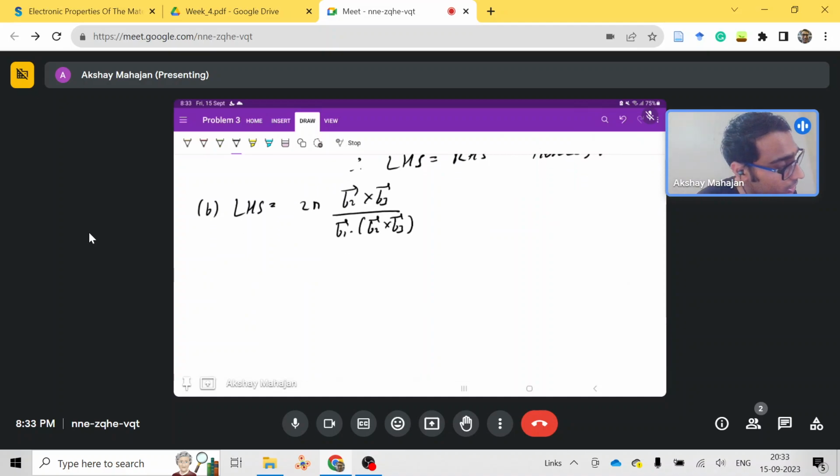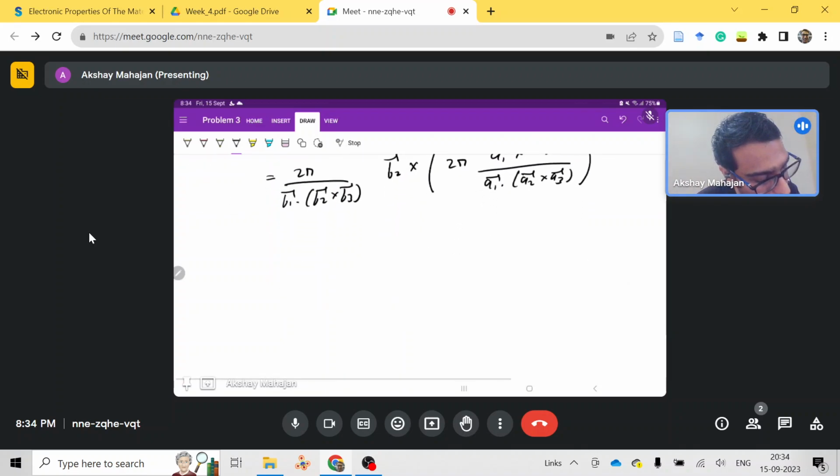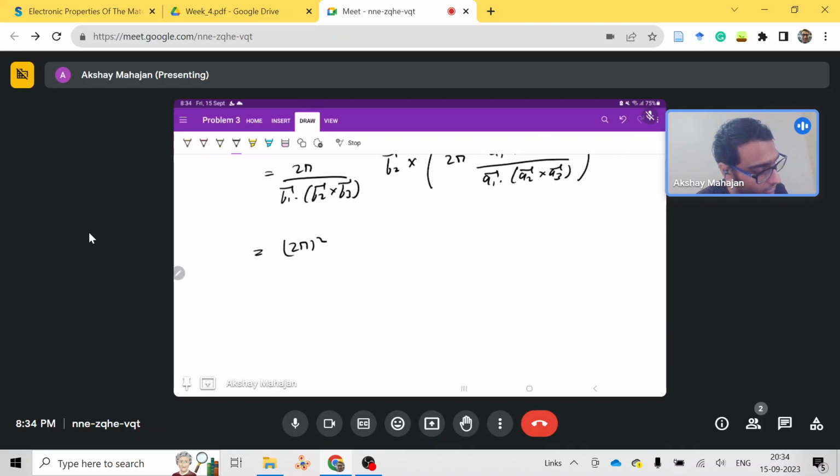Alright, so now what we will do is keep this b2 vector, and then I will write this b3 vector in the form of the ai vectors. That will be 2 pi times a1 vector cross a2 vector divided by a1 vector dot a2 vector cross a3 vector. Now I will take this 2 pi outside because this is just a scalar quantity, and then this dot product is also scalar.